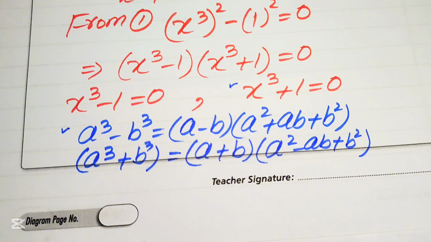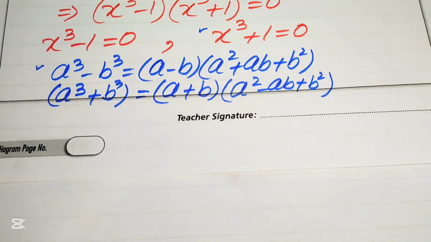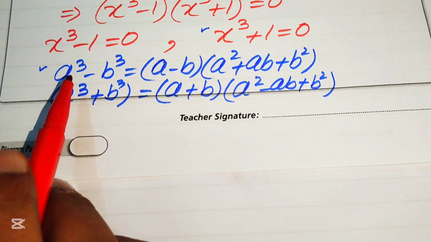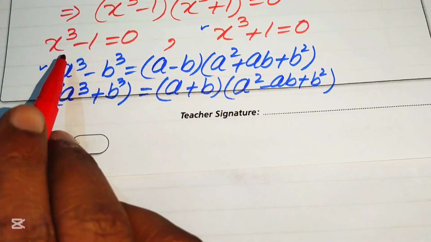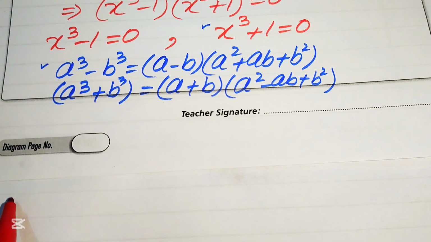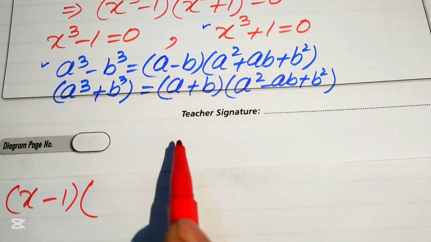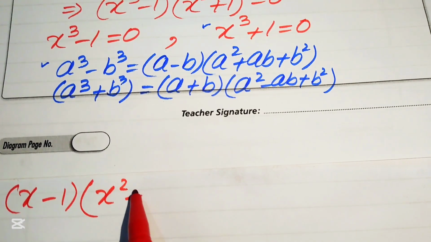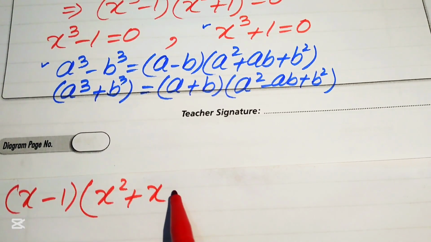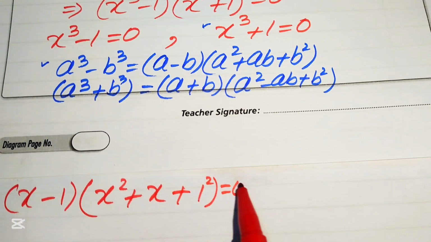Here we apply these two formulas to the above equation, so that our above equation is written in this form. First we use this formula here, so this will be written as x cubed minus 1 cubed, it is equals to x minus 1 times of x square plus x plus 1, this is equals to 0.